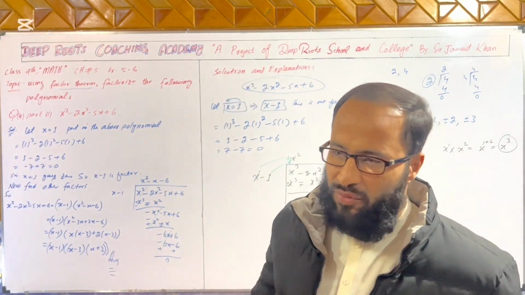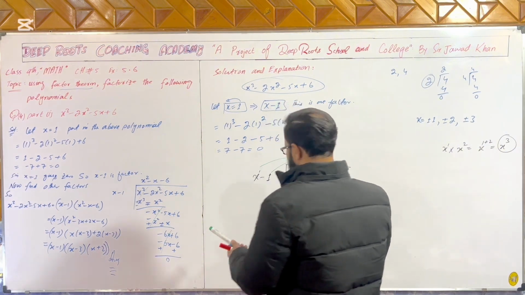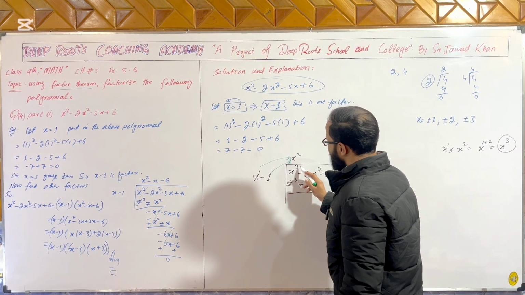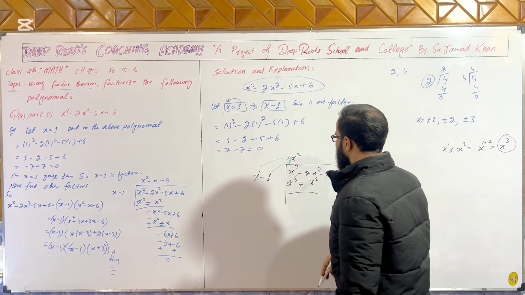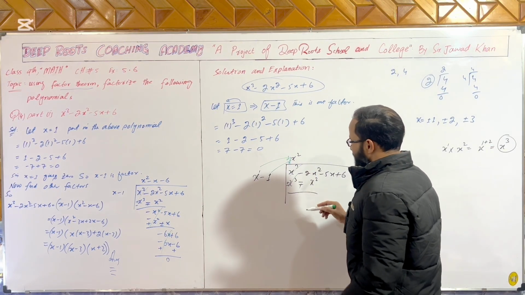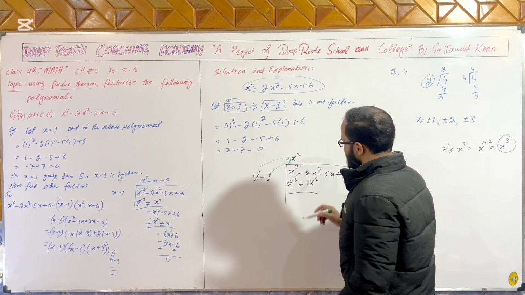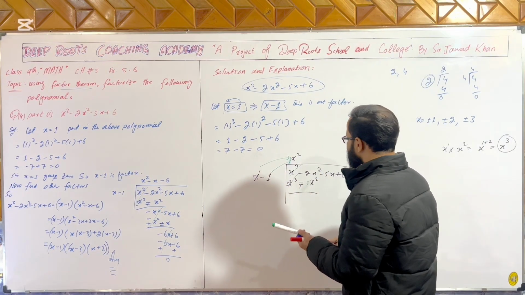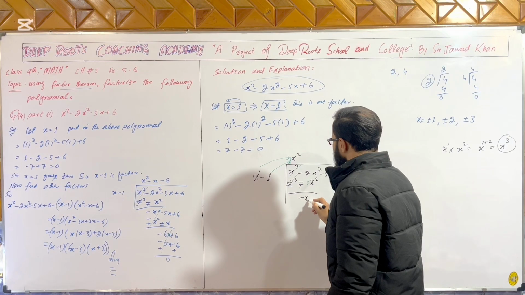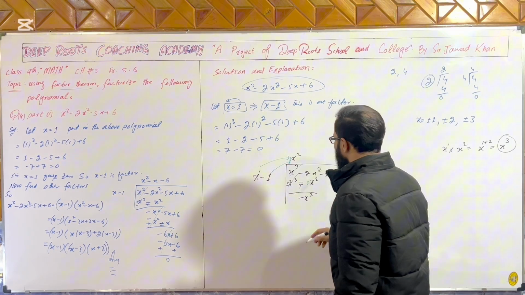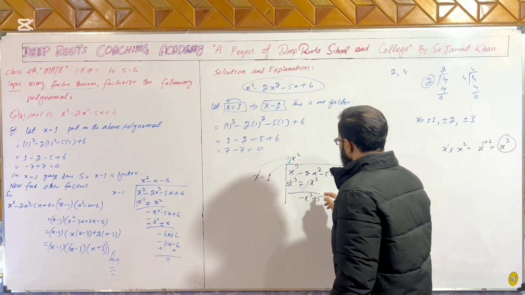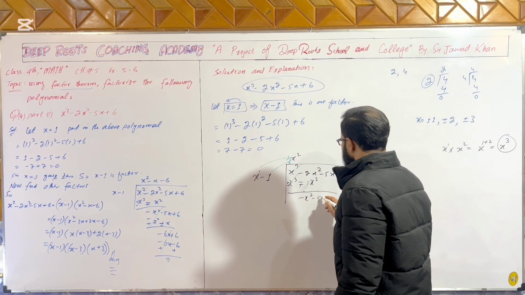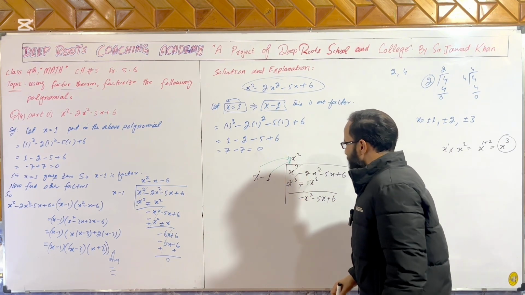If that is positive, it will become negative. And x cube are same, so plus x cube minus x cube will be cancelled with each other, and here we have 1 as a coefficient, so minus 2 plus 1 will give us minus 1. So I am not writing 1 here, and I will write the remaining numbers here again.